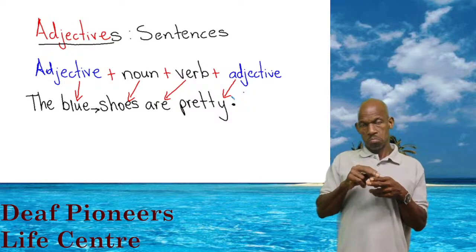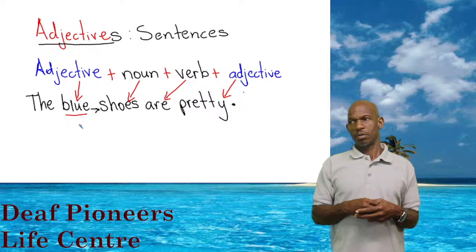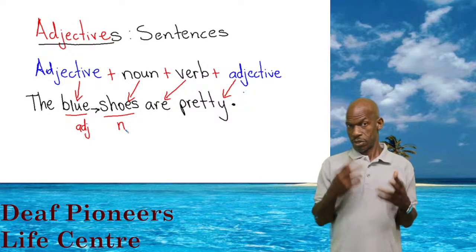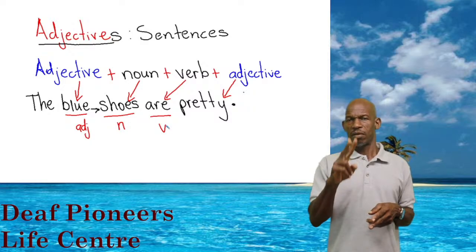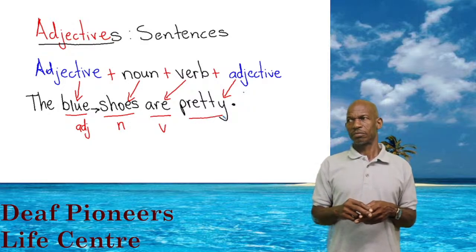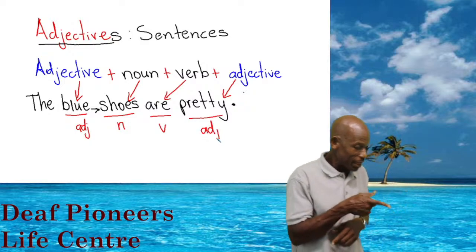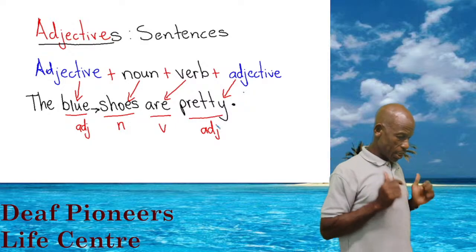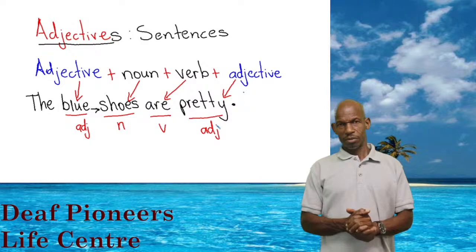So I have the blue shoes. Blue is an adjective. Shoes is the noun. Are is the verb. And at the end of my sentence, I'm telling you about these blue shoes, I use an adjective. It's pretty. The blue shoes are pretty. So this is another way of writing a sentence.